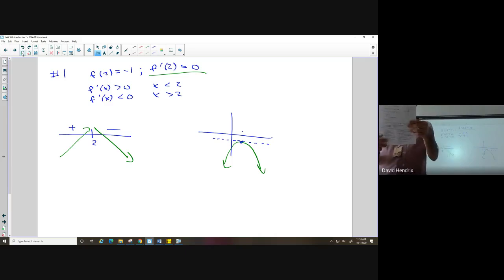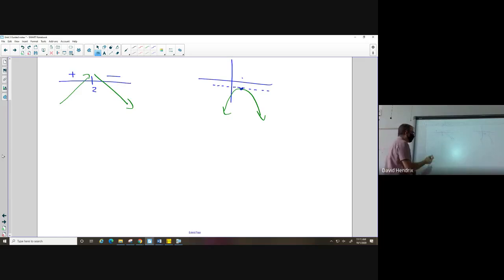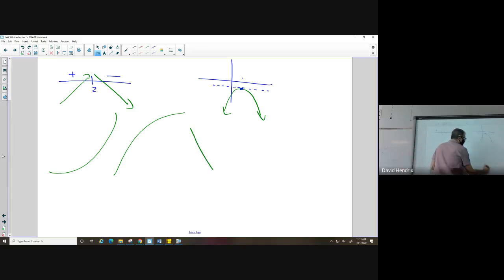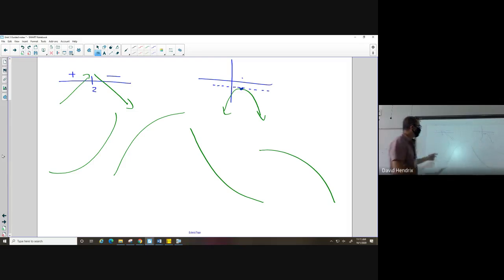Okay? So I would plot those points first, and then just connect them using the appropriate curve, like decreasing concave down, increasing concave up. Realize there are 4 curves you're really going to be using, right? Increasing concave up, increasing concave down, decreasing concave up, and decreasing concave down. So those are going to be your 4 curves, or you have straight lines.